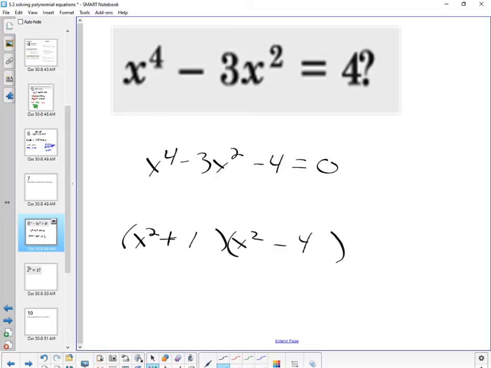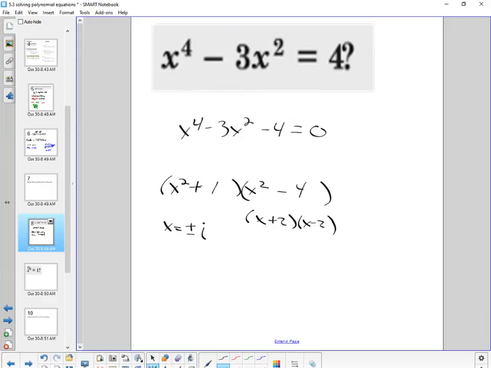So remember what that produces for us? Imaginaries, right? So this would be plus or minus i. Over here, that does factor into 2 conjugates, x plus 2 and x minus 2. So that's going to give me plus or minus 2. So there's all 4 of my solutions for this one.